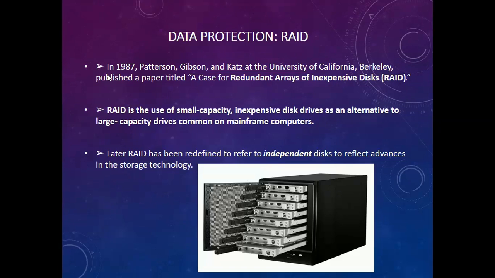In 1987, Patterson, Gibson, and Katz at the University of California published a paper titled A Case for Redundant Array of Inexpensive Disks, also called RAID. You should know the date it was published: 1987. This RAID uses small capacity inexpensive disk drives as an alternative to large capacity drives common on mainframe computers.